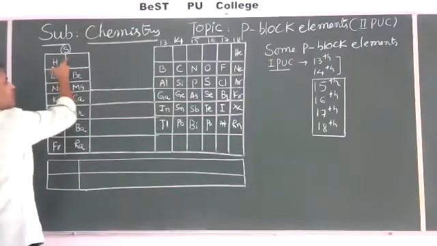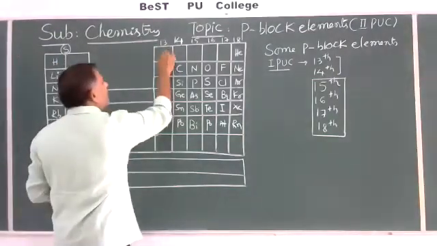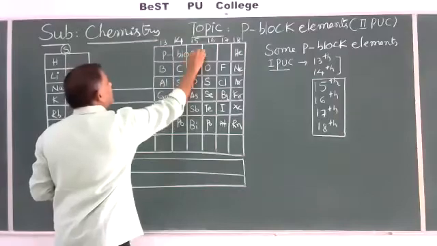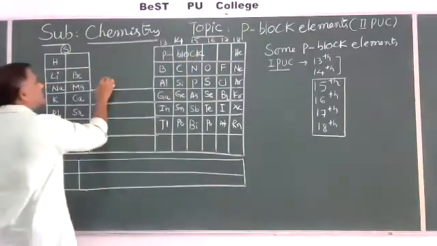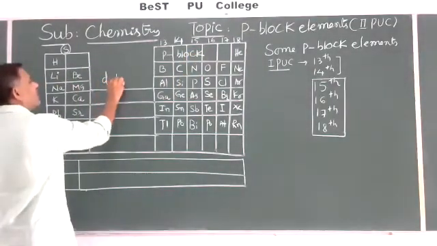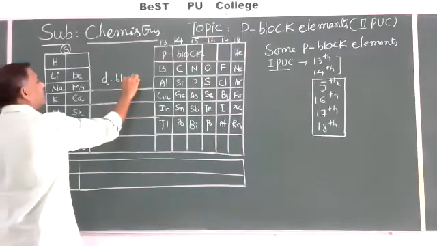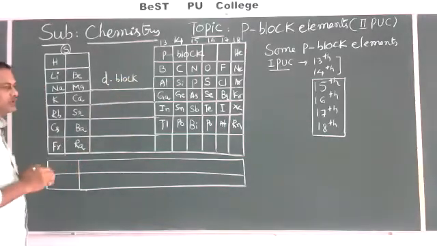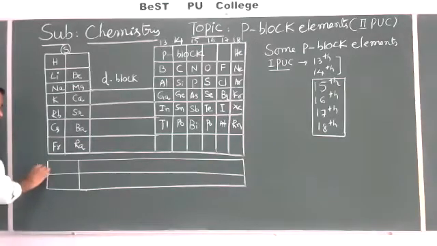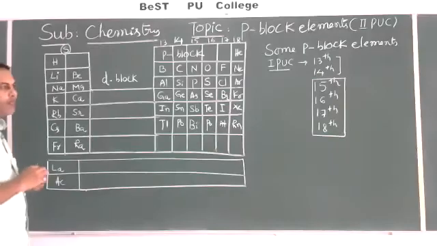So it is the S block, it is the P block, and it is the D block, which contains a total of 10 groups. It is the F block, lanthanoids and actinides.